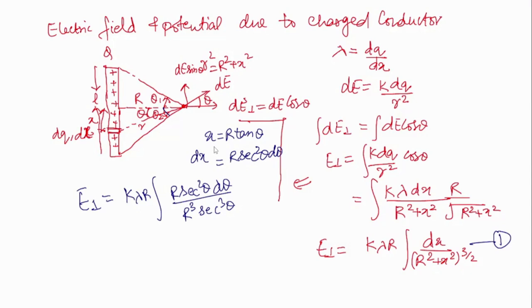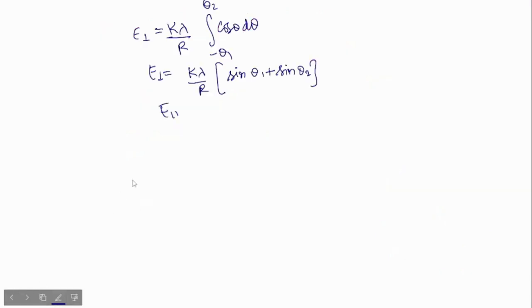When you solve this, I'm writing the answer so that you will be comfortable: E parallel comes out to be k lambda by R times mod of (cos theta 1 minus cos theta 2).